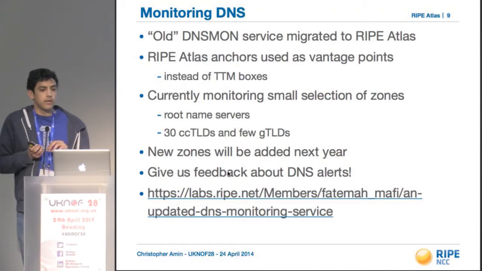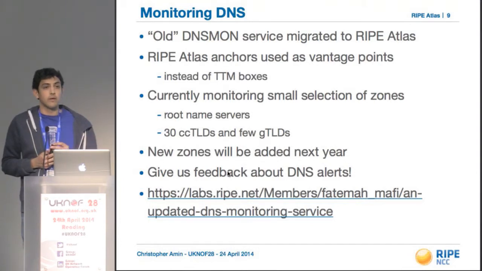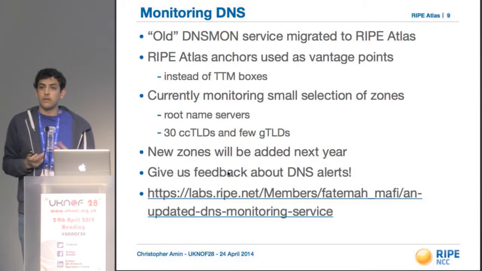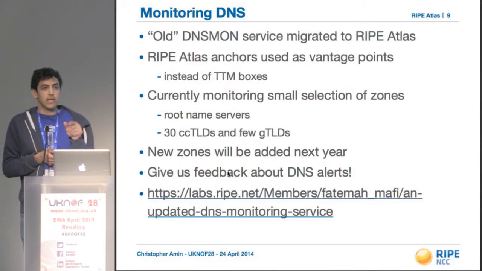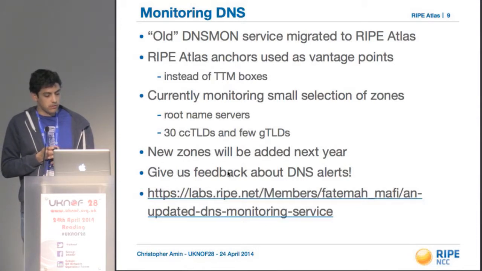But what we are considering, especially based on feedback from you guys and the rest of the community, is allowing at least some of the DNSMON visualizations to be used by individual operators of zones. So if there's interest for that, then we'll move some of the DNSMON visualizations and functionality into RIPE Atlas. I don't think I've got the URL here, but you can have a look at DNSMON. It's just atlas.ripe.net/DNSMON. You can see there's an article there on the blog as well.